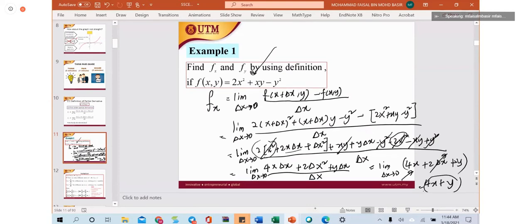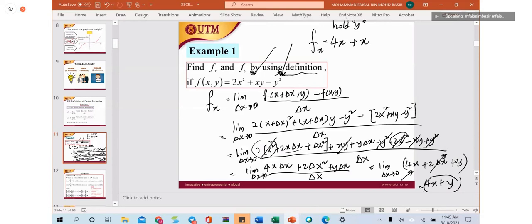Actually, there is a simple way without doing this, but they ask you to use the definition. So that's why I have to do the long process. But the easiest way is, if they ask you to differentiate with respect to x, remember in your mind, hold the y or treat the y as constant. So let's say this is 2x squared, so you get 4x, and xy will be y, because y is a constant.